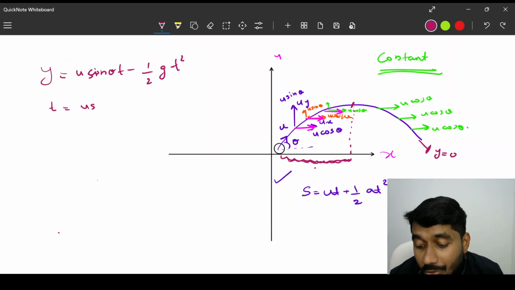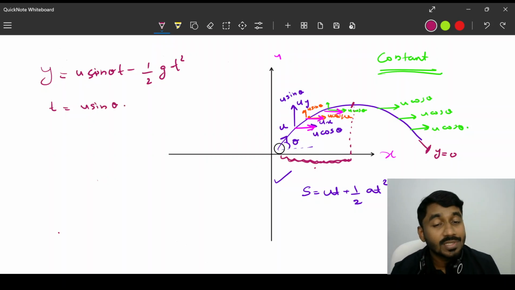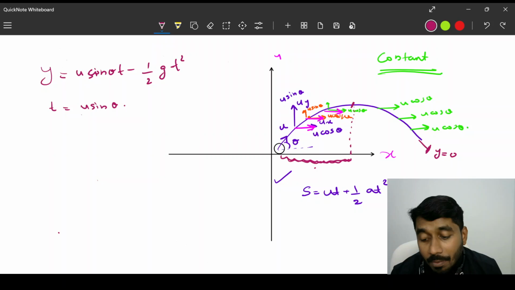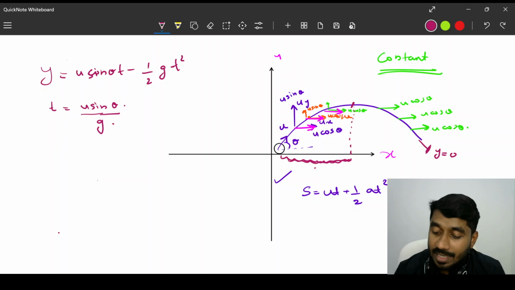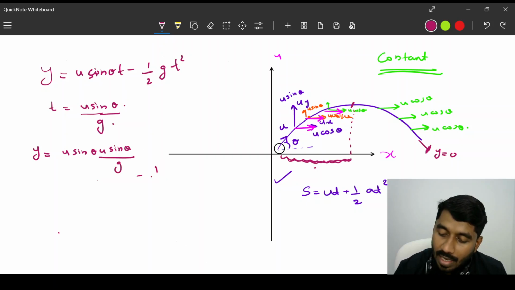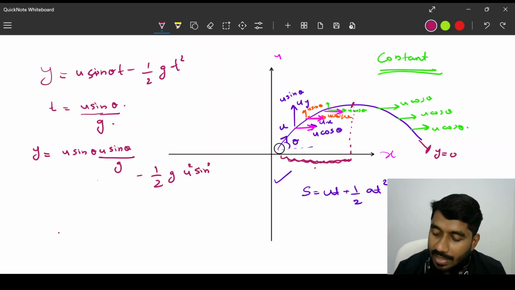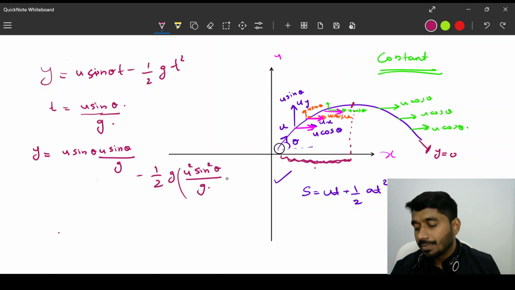What is that? u sin theta by g. What was the initial one? 2u sin theta by g. But to reach the maximum height, it is half of the total time, u sin theta by g. So we can write y equal to u sin theta into u sin theta by g, minus half into g into u square sin square theta by g the whole square.